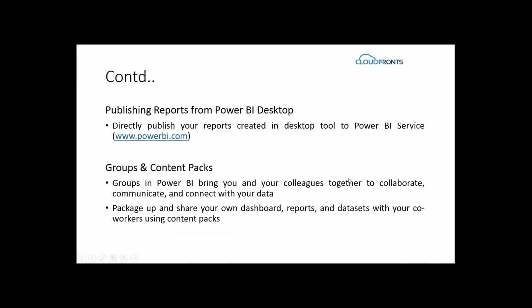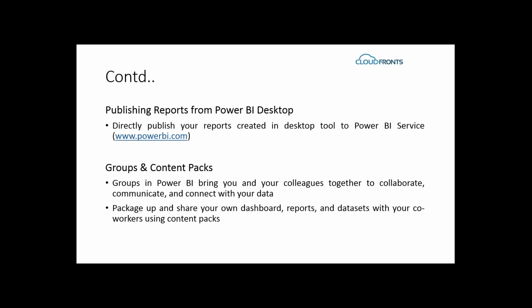Now we'll see the groups and content part. Groups in Power BI bring you and your colleagues together to collaborate, communicate, and connect with your data. Now I have a team, and within my group, I want to share something. Suppose I have one task, and that task I have divided among my group, and we are working on the same project.